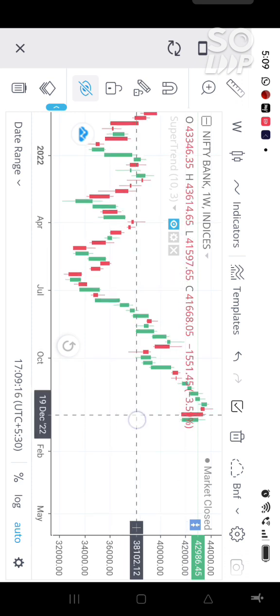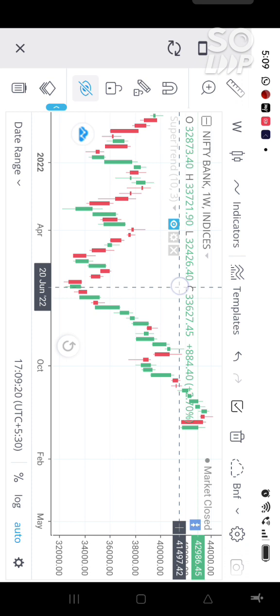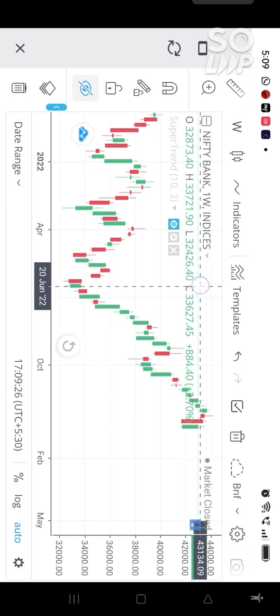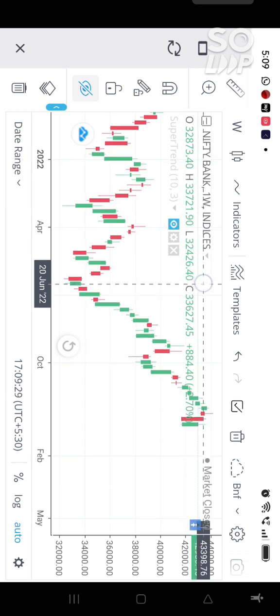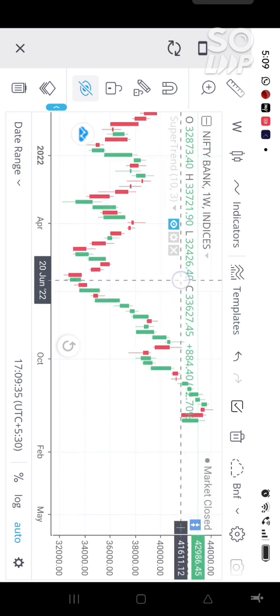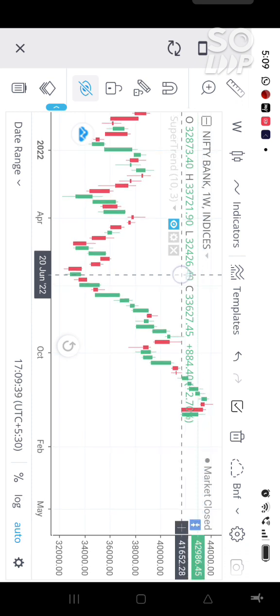When only this red candle had formed, at that time I had marked this demand zone, and from this, see where the price went: 41,611 to 43,500. So around 2,000 rupees price has shot from this point.